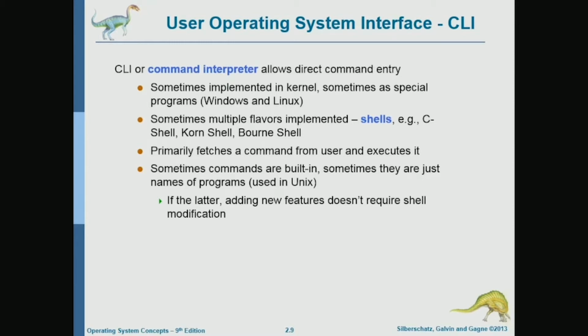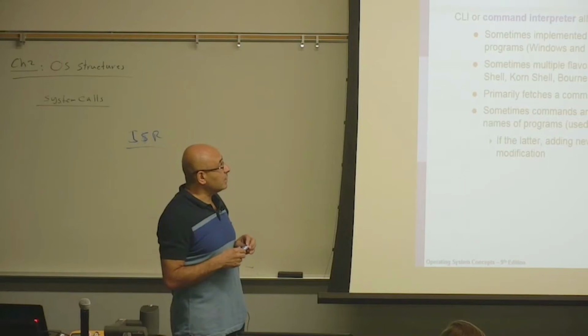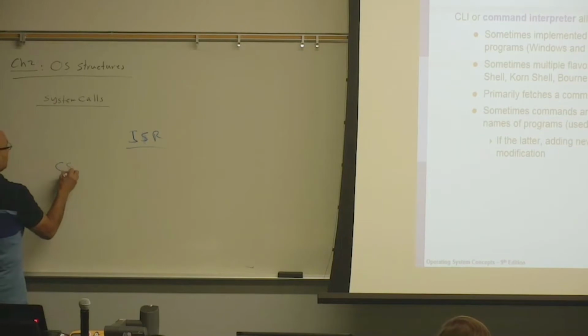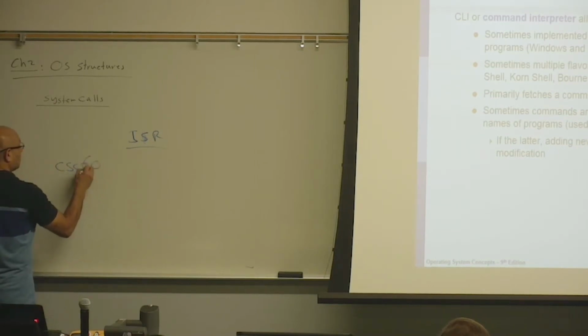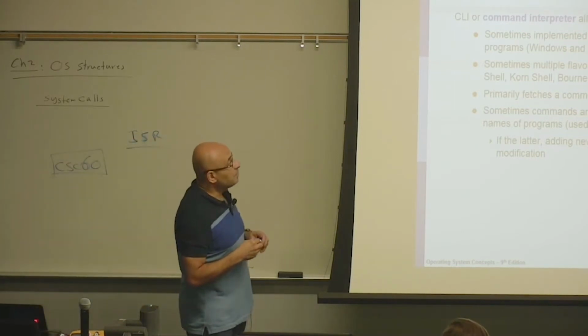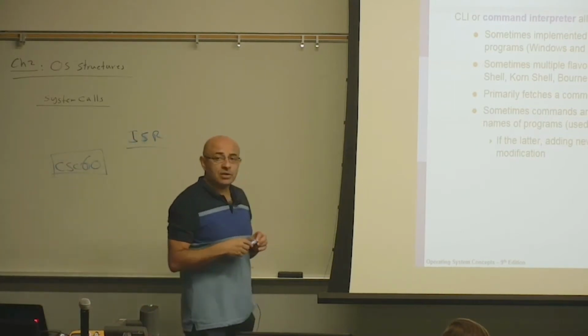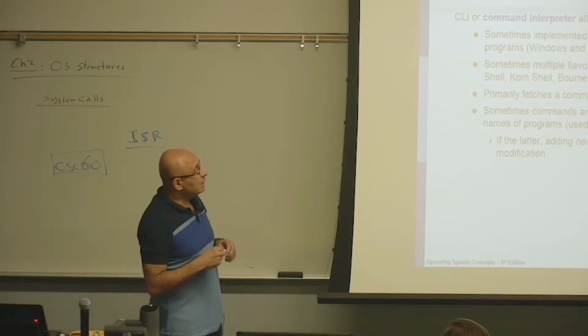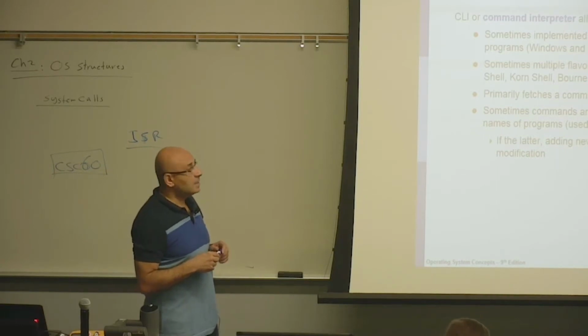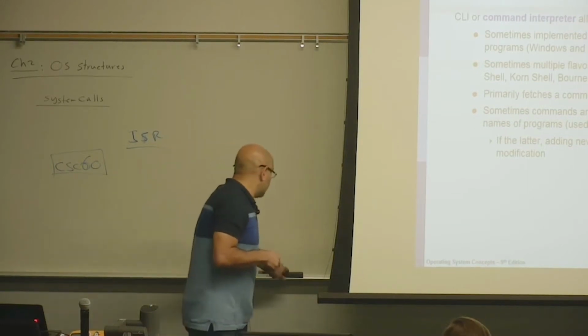In terms of command line interface, in this course you'll have to do some command line interaction with the system, and we assume that you are familiar with this because CSC 60 is a prerequisite for this course, and in CSC 60 you should have done some command line interaction and some script programming, some scripting languages and make files and things like that.